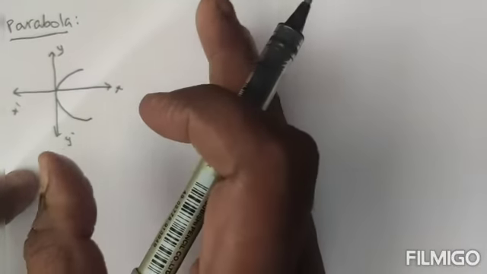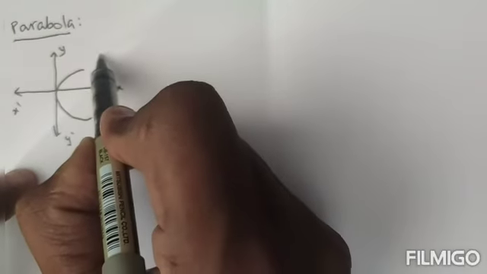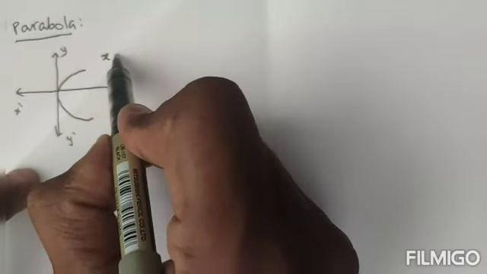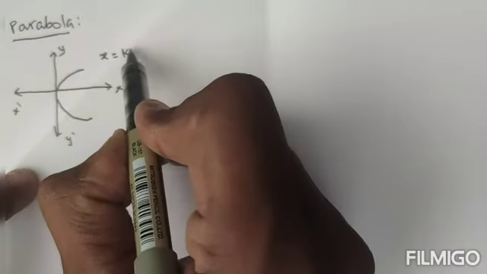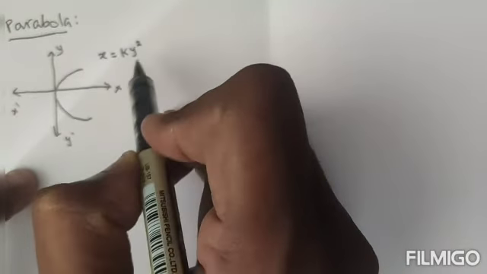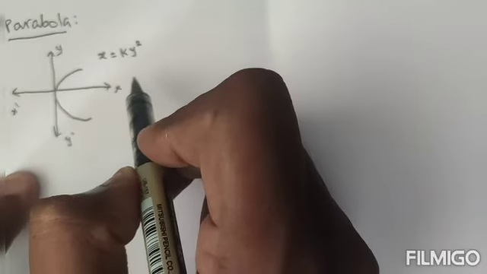The right side indicates positive. So this is the equation: the structure, we can write as x is equal to k into y square. x equal to ky square, k is a constant. So this is the structure number 1.